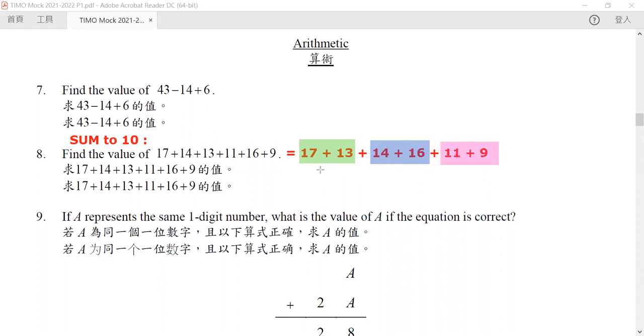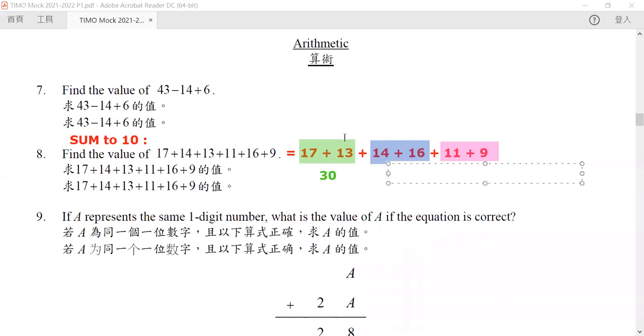For our 17 plus 13, what is the answer? Teacher, 17 plus 13 equals 30.